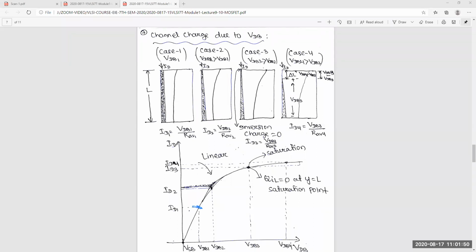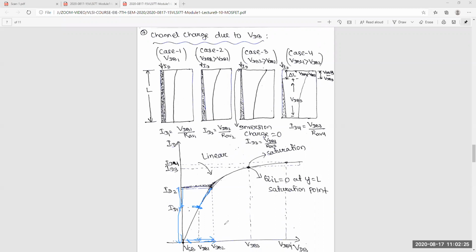Now in this region, if we increase the same amount of voltage, we will not get the same amount of current. Here you can see, for this voltage you are getting this amount of current. But if you increase the same amount of voltage, you do not get the same amount of current. So that means it is not linear. Somehow it is a function of other terms. Yes or no?